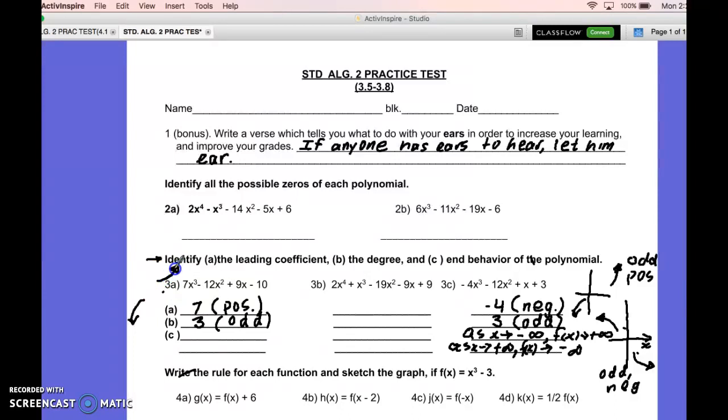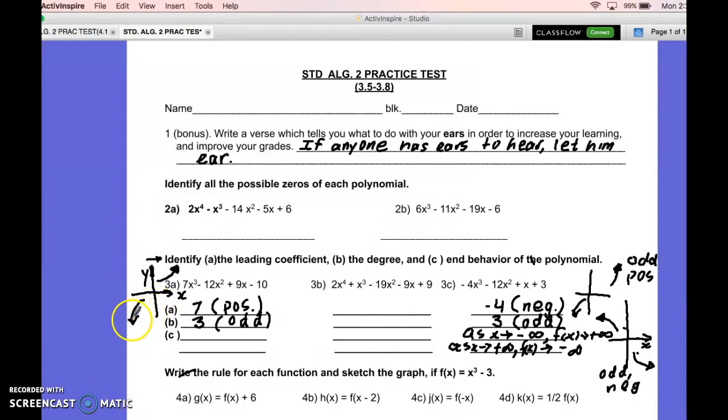That's going to help me. Again, this is the x-axis. Y-axis is like this. So when x approaches negative infinity, then this is what's going to happen. What is the y doing? The y is going down, so the y is approaching negative infinity.